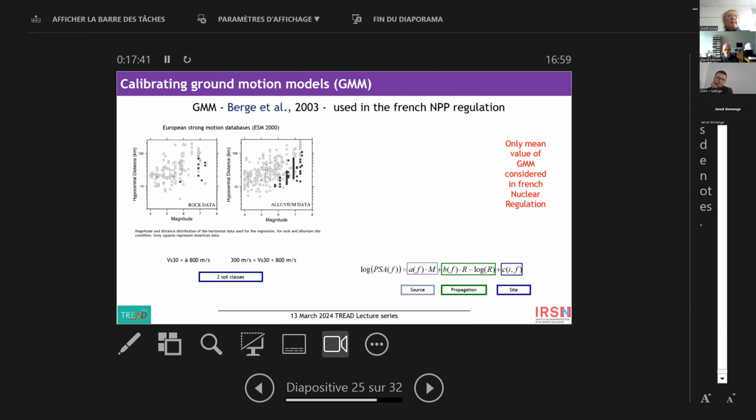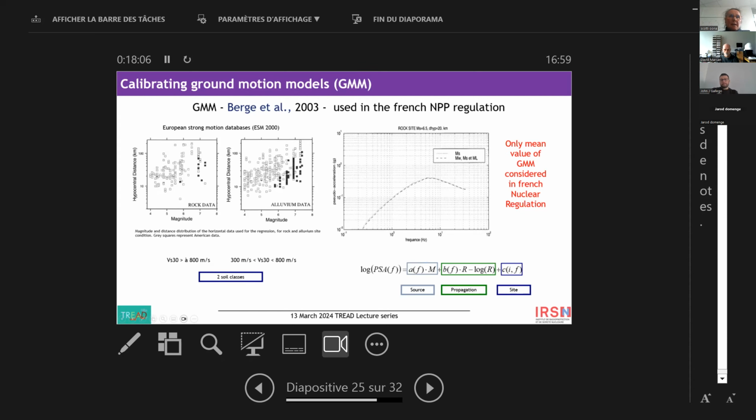But for sure, the concept is the same. You have a strong motion database, you compute the spectral response of each of them, and then you try to find the parameters that fit this equation. And then you're ready to go. If your scenario is a 6.5 at 20 kilometers depth, well, this ground motion model of 2003 will give you this spectral response. So now this is for one value.